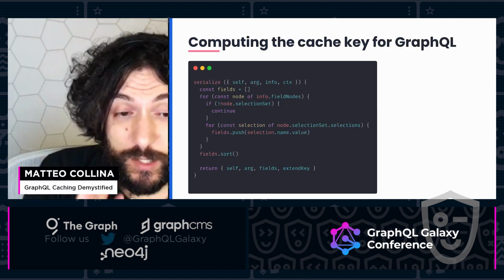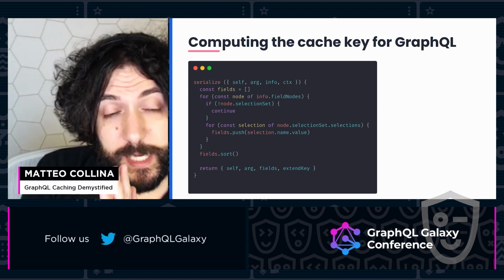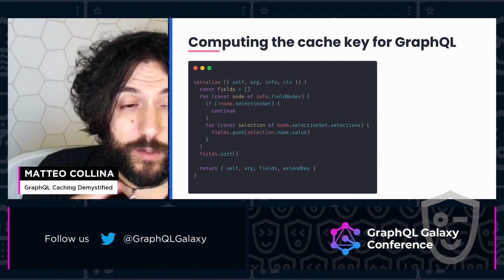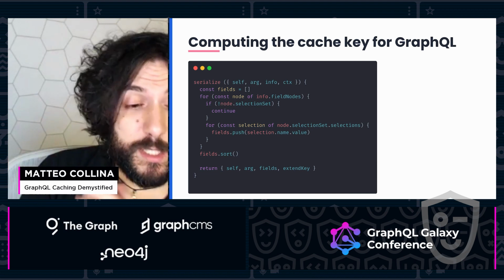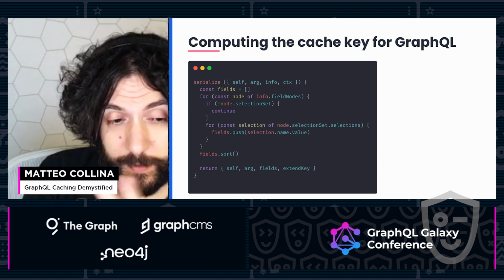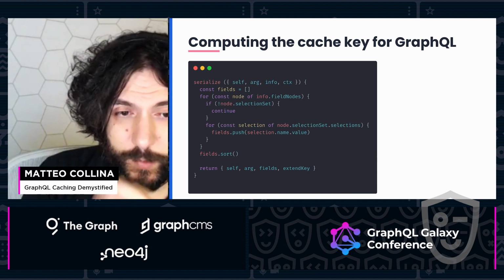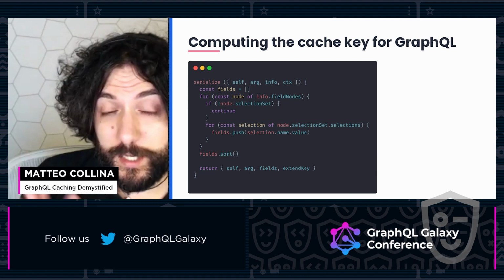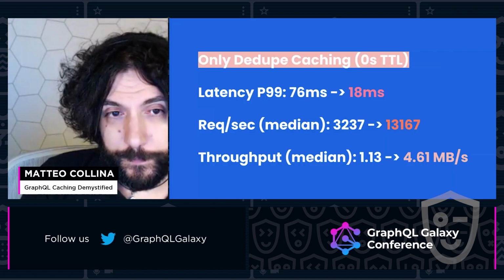As you can see here, it's pretty simple. We navigate the info object to get the current field selection, and then we create an object including the current resolved object, the arguments, the fields, and some more parameters. It's pretty great, you see. We can compute a cache key for each GraphQL resolver.